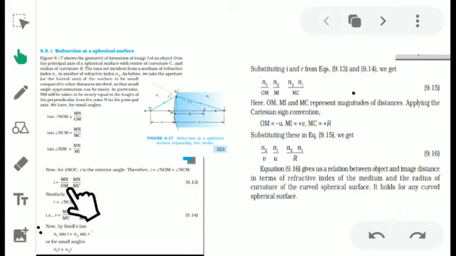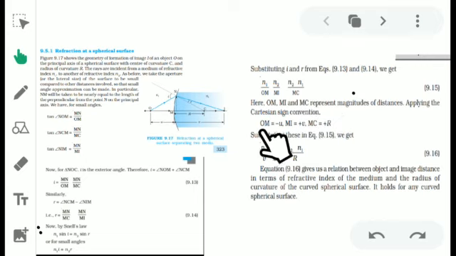You know that i is equal to MN by OM plus MN by MC, and r is equal to MN by MC minus MN by MI. So when we put the values, we will get the equation n1 by OM minus n2 by MI is equal to n2 minus n1 upon MC.